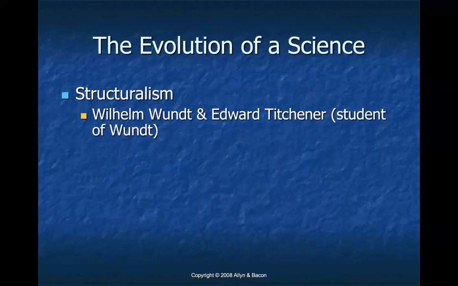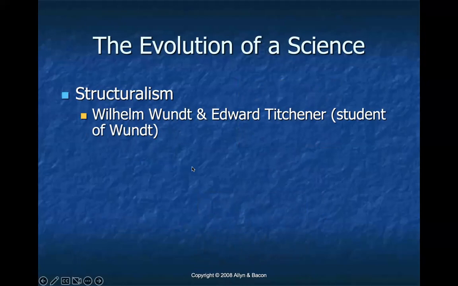So as I said, we didn't start out as a science because in order for us to be a science, definition-wise, we have to follow the scientific method. In the early days, we were not following the scientific method.